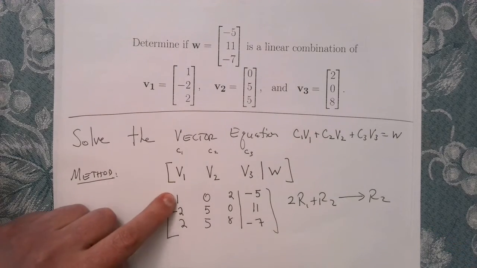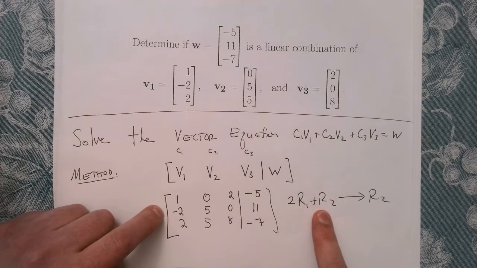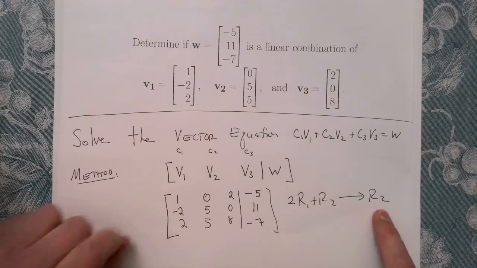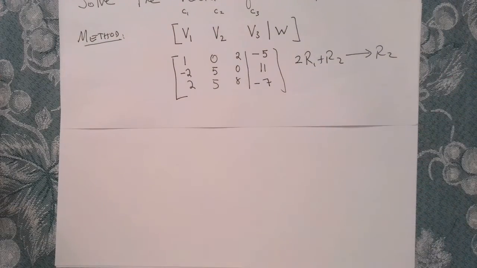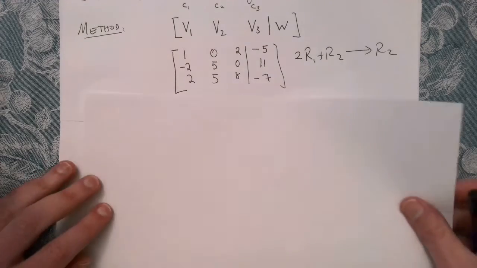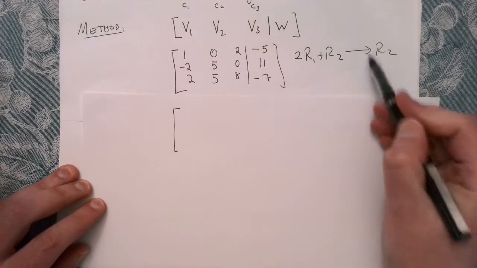So we've got a leading 1 here. Let's use that to get a 0 here. So we're going to follow this recipe: 2 times row 1 plus row 2. That sum replaces row 2. Remember that row 1 stays the same. It's row 2 that's changing.